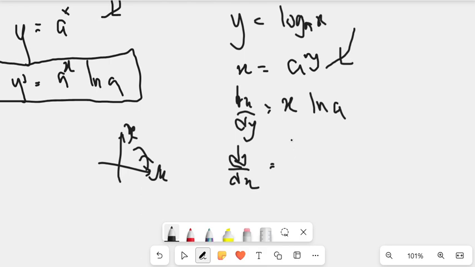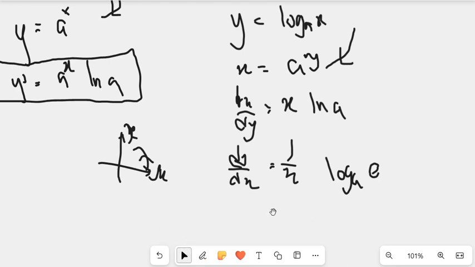dy/dx is equal to 1 over x times 1 over ln a, and this we commonly won't write as 1 over ln a, we would write as log base a of e. The base is a.